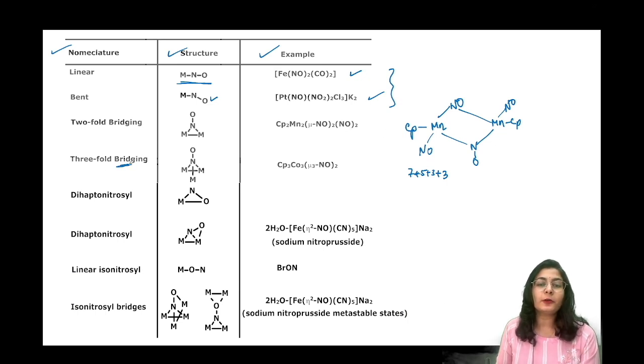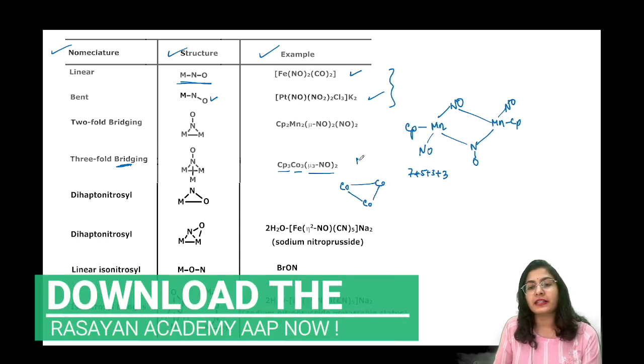Similarly, a three-fold bridging. So you have Cp3Co3(mu3-NO)2. How could the structure of this complex be? Guys, you can very easily find out because you have already seen a similar structure like this, when we were studying isolobal analogy.